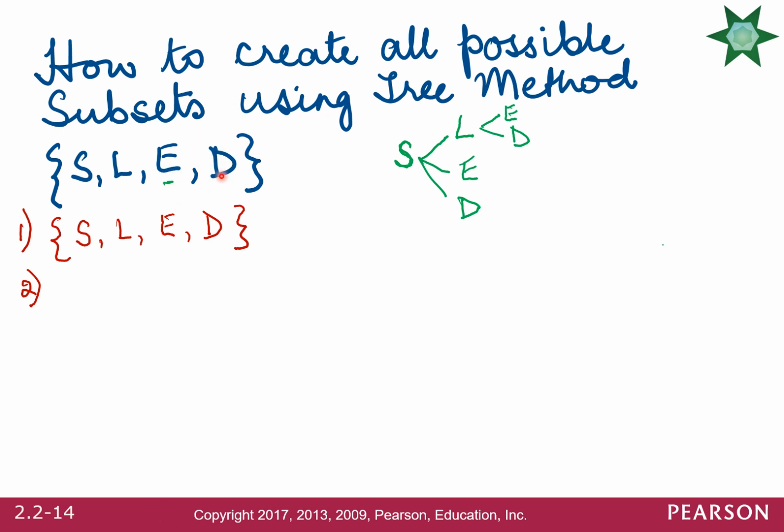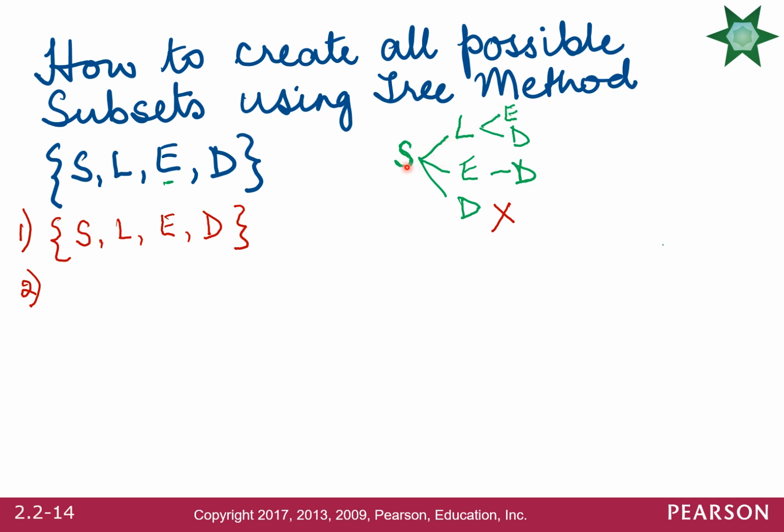Which element can you pick? A D, correct? So I'm going to write a D. And then the last one, there's nothing after D, all right? So this one will drop out of the tree. This will drop out. And I'm going to list all these different elements by traversing the tree.